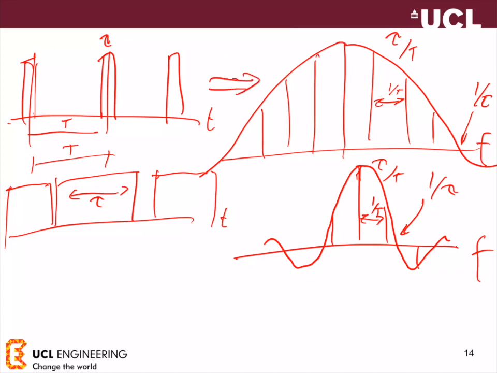So there must be an equivalence of energy between these two. If I manage to create energy in this transform, then I've done something wonderful, but I've broken the laws of physics. My energy must be the same. So if my pulses are narrow, there's less energy, this is going to shrink. If my pulses become wide, there's more energy, this is going to increase, as tau on T shows us here.